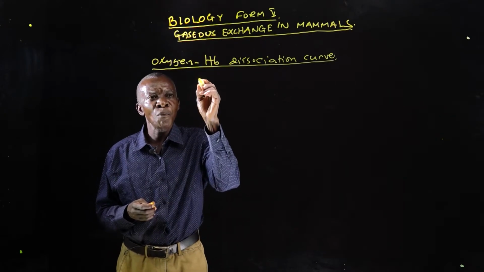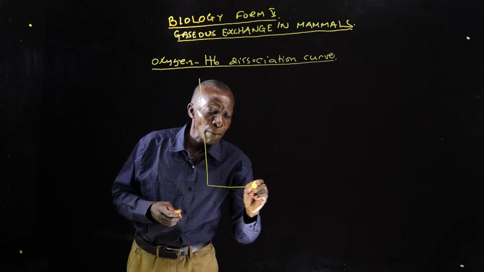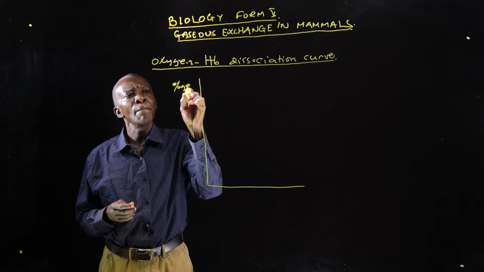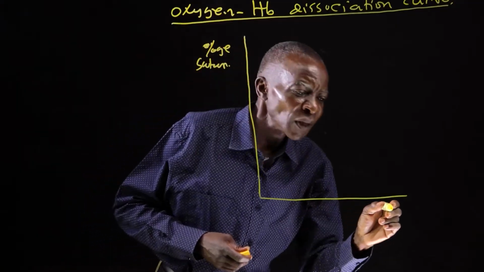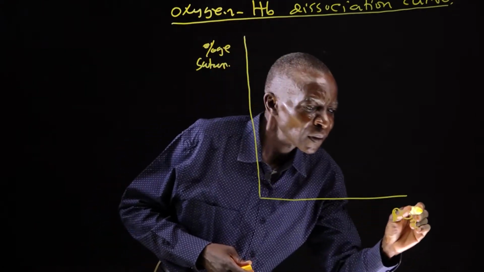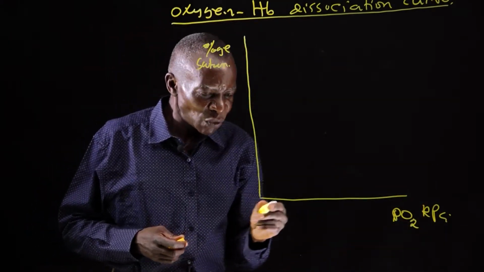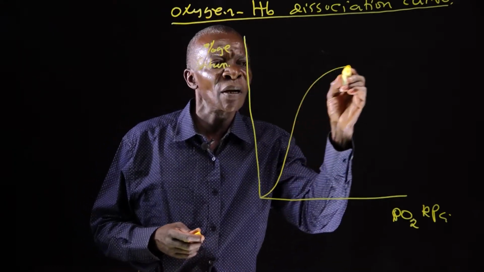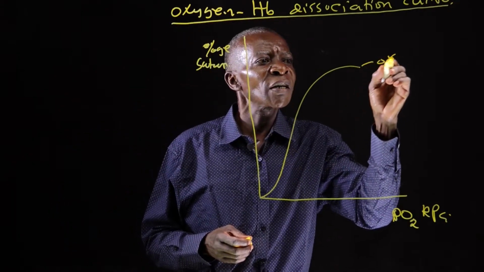That is, you plot percentage saturation against the partial pressure of oxygen, maybe in kilopascals. What we are getting is an S-shaped curve. This is called the oxygen dissociation curve.